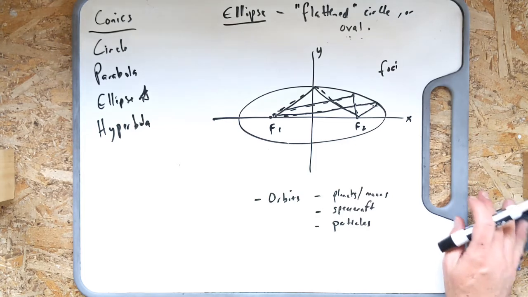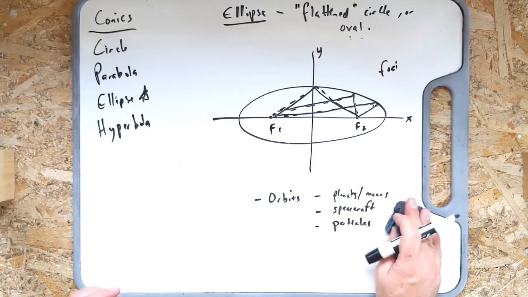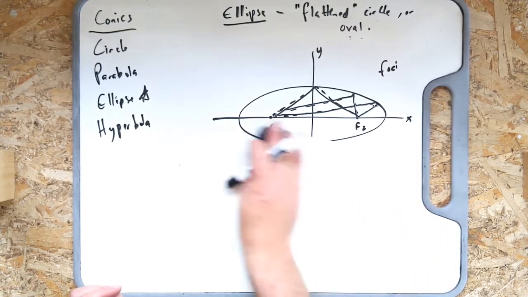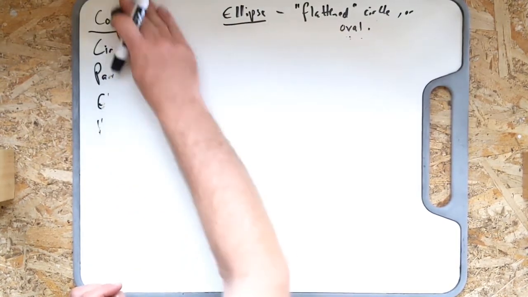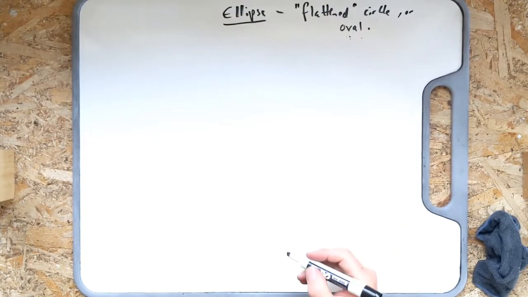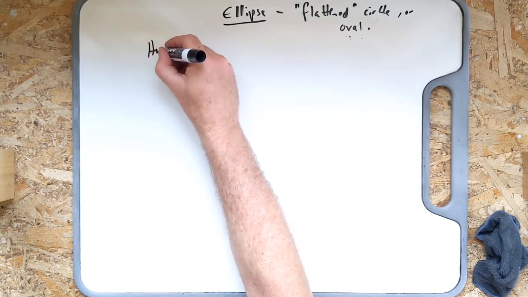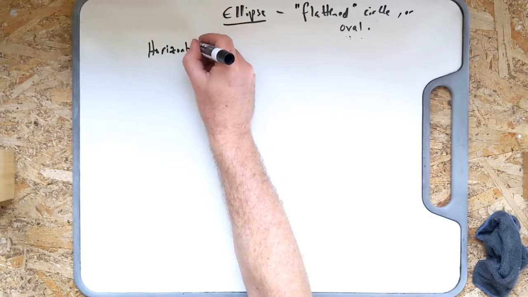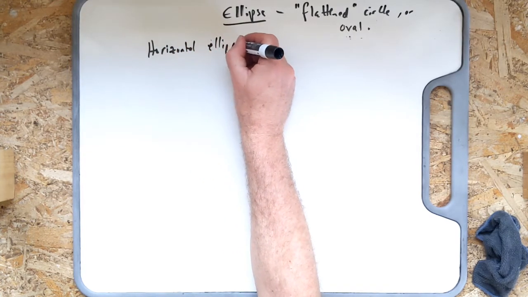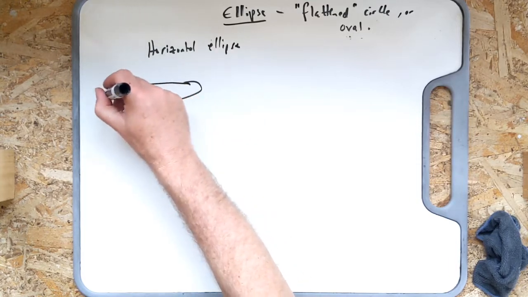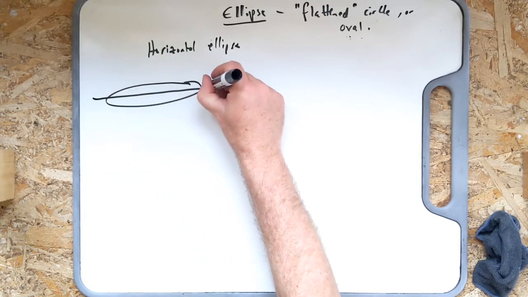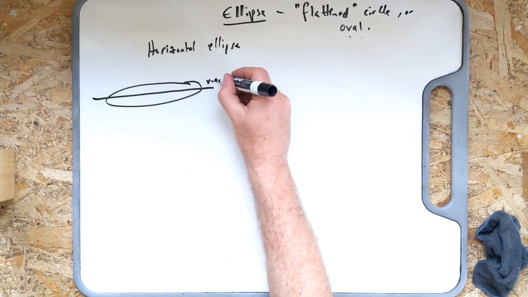Okay, now let's go to the equation. There's actually two equations, though they're basically the same, that we're going to go through. One is for a horizontal ellipse. And this is one where the dominant part of the ellipse is on the x-axis.